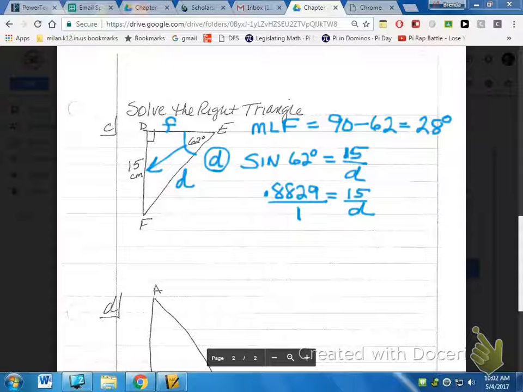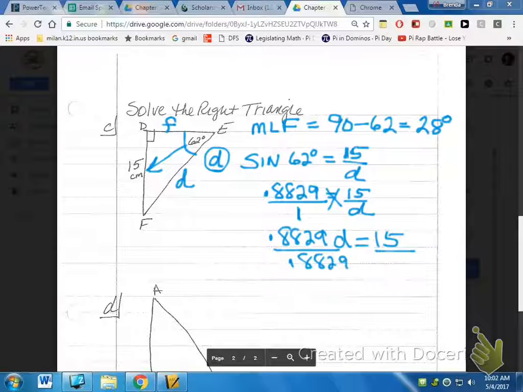And we're going to cross. 0.8829 d equals 15. Are you good with that? How do you solve for d? Divide by 0.8829. So 15 divided by 0.8829, and we get 16.989.